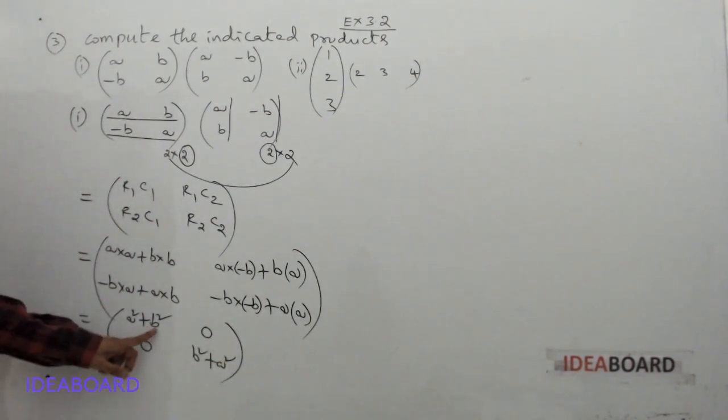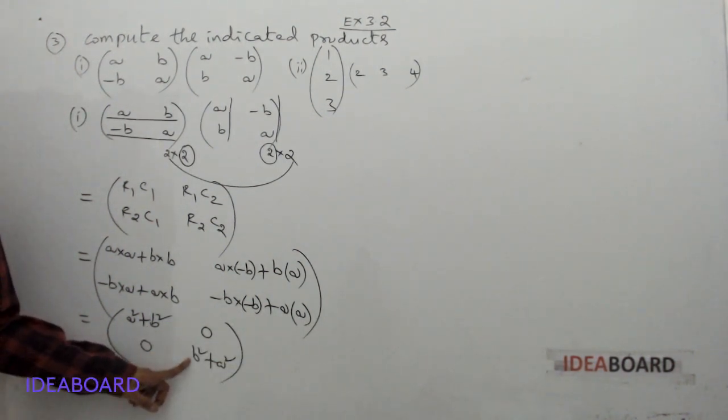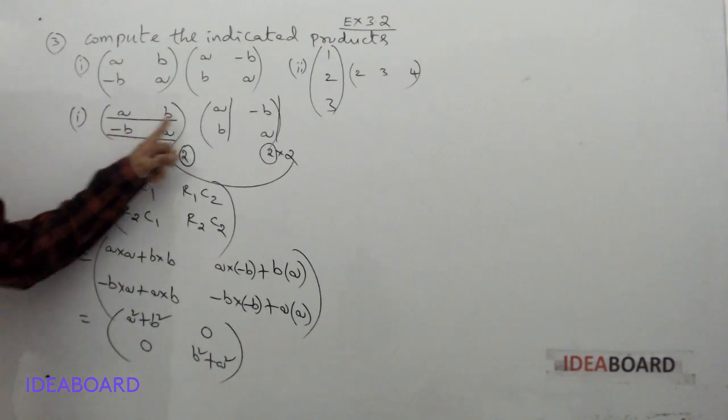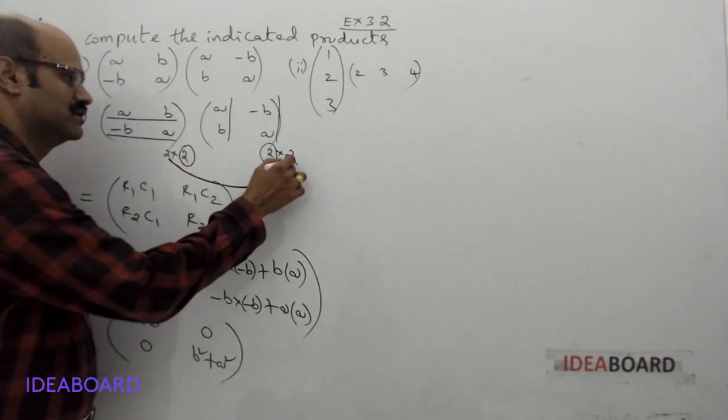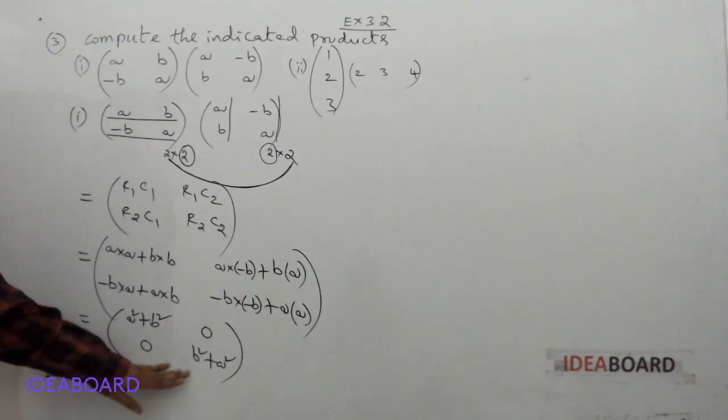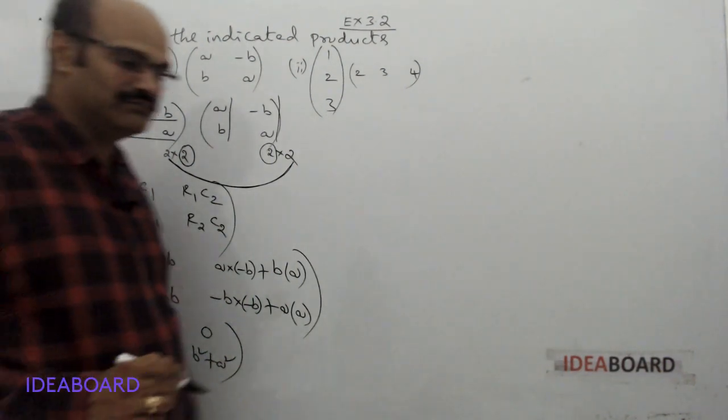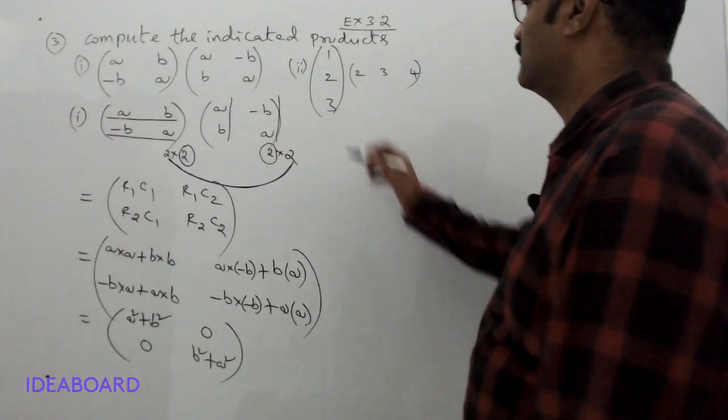Now the order of this matrix equal to 2 by 2. After multiplying these two matrices we get the order 2 by 2. Hence we got it.